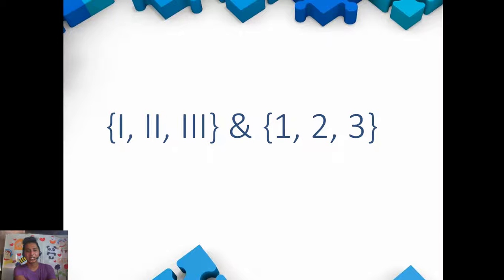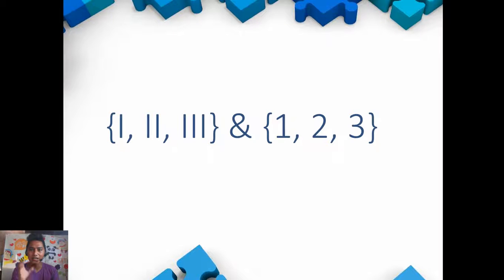How about this one? 1, 2, 3 in Roman numeral and then the other set 1, 2, 3 in number form. Are they equivalent set? Yes, they are equivalent set because we have the condition it should have the same number of elements.